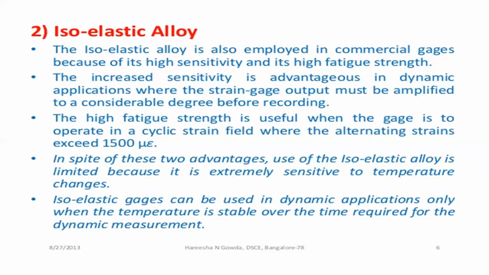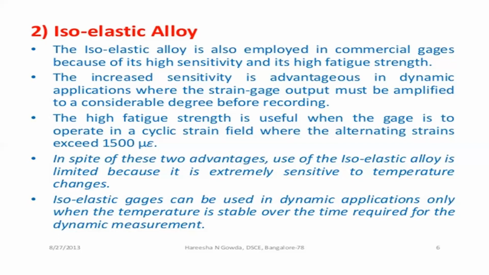In spite of these two advantages, use of the isoelastic alloy is limited because it is extremely sensitive to temperature changes. Why? Because when the temperature is changed, it affects the strain gauges.